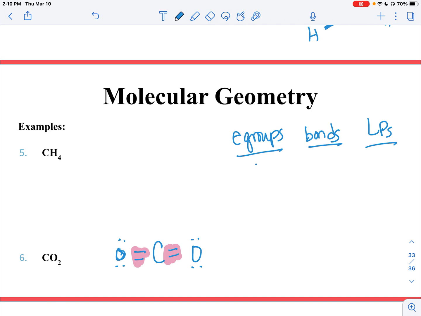So here we just have 2 electron groups, and both of them are bonds. If they're a double or triple bond, they count as 1 group. That's very important to know, because that's going to make this a linear shape. If you didn't know that and you tried to do 4, 4, 0, you'd get tetrahedral, which doesn't make sense because we don't have 4 terminal atoms, so we can't have tetrahedral here. So you have to remember that double and triple bonds count as 1 bond group. And that's it for molecular geometry to get you started.